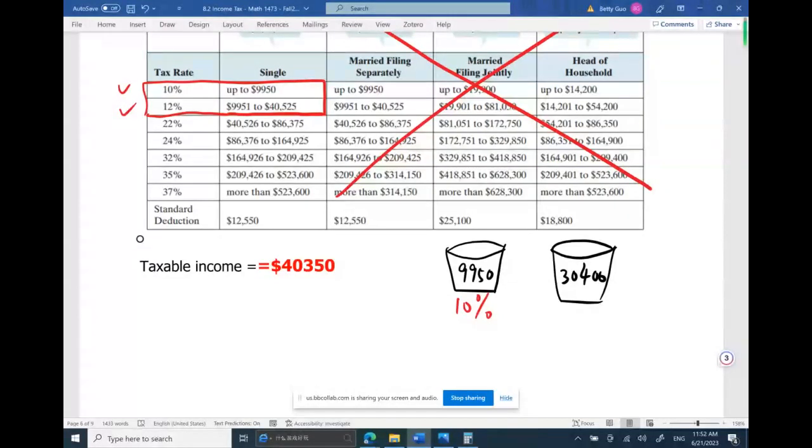The first $9,950 you make, you pay 10% tax on it. So 10% of that money is tax. And the money in the second bucket, you are going to pay 12% tax. All right.